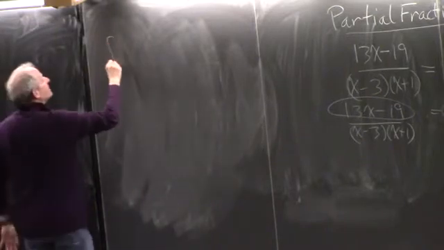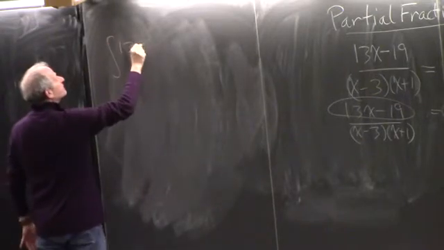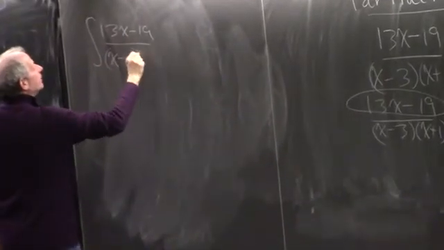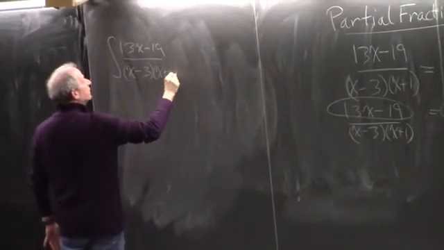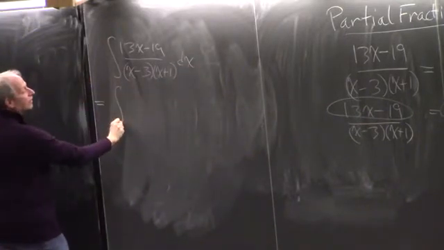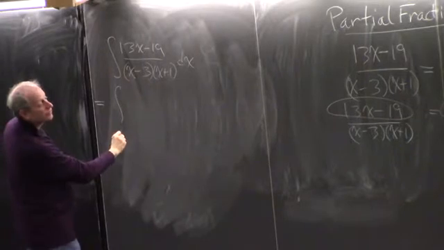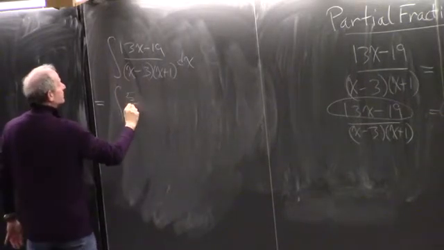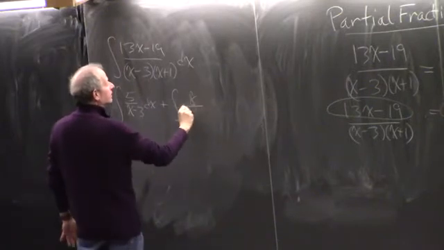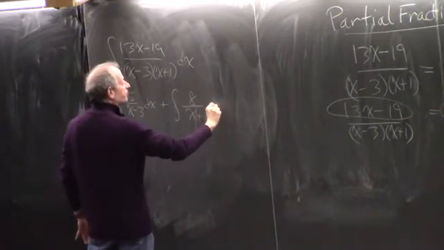So, in other words, if I had the integral of (13x minus 19) over (x minus 3)(x plus 1) dx, I now know that I could rewrite it as the integral of 5 over x minus 3 plus the integral of 8 over x plus 1.